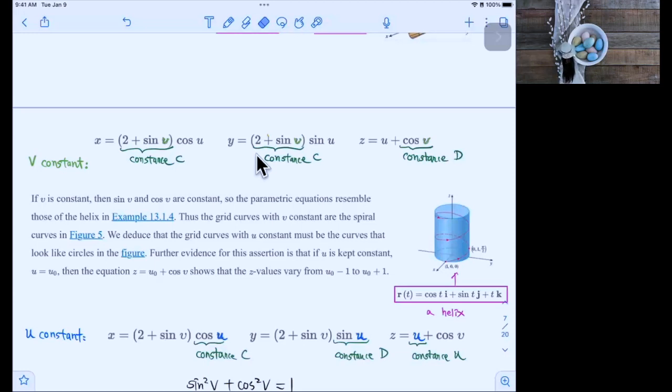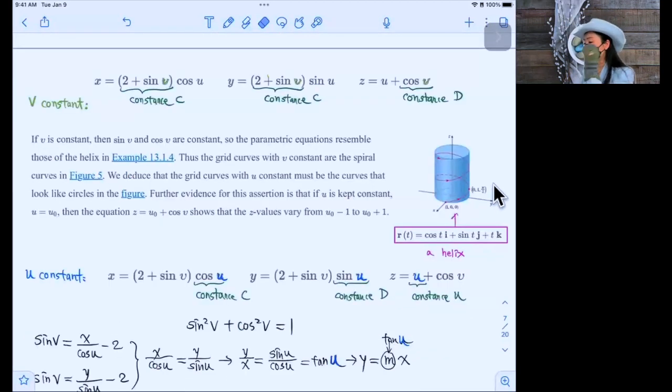And then this one here is that constant times sine u. This actually resembles the helix. So there's a connection. When you keep v constant, then the curve is a helix. So when you keep v constant, you have those spiral curves, like the helix.